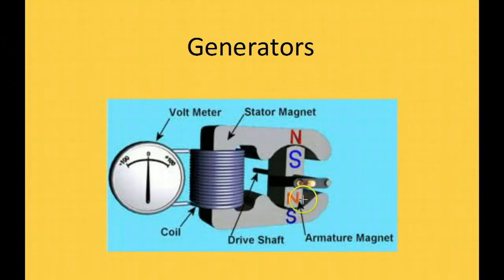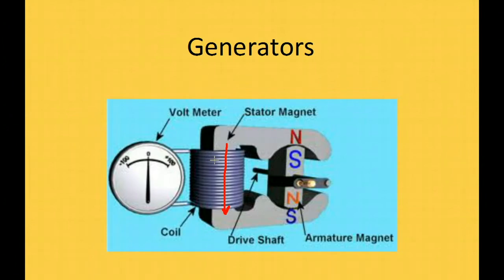Now when this magnet is turning inside the stator, it's creating a magnetic field that expands in one direction, then contracts, and then expands in another direction. As that magnetic field cuts through these wires, no matter which direction it cuts through, it's going to do what's called inducing a current in these coils of wire.